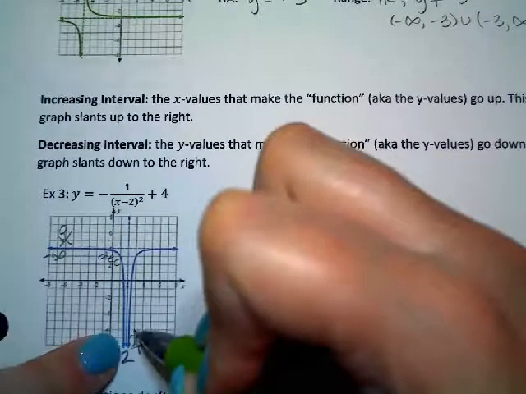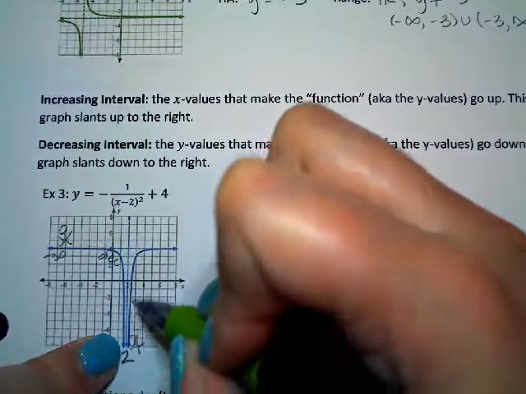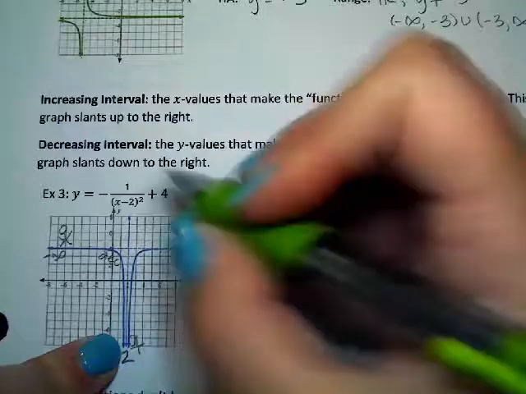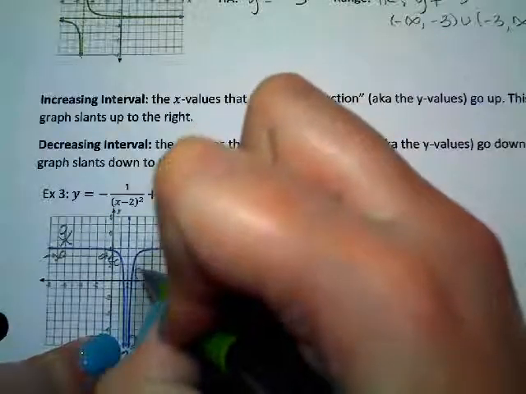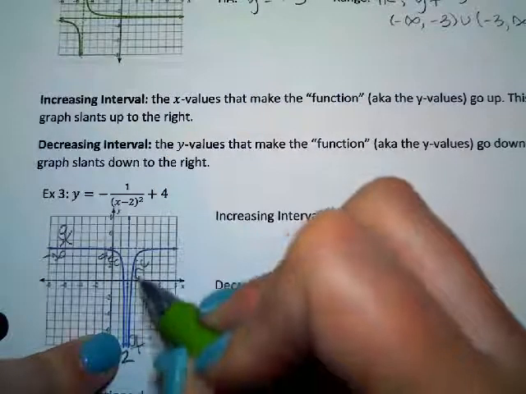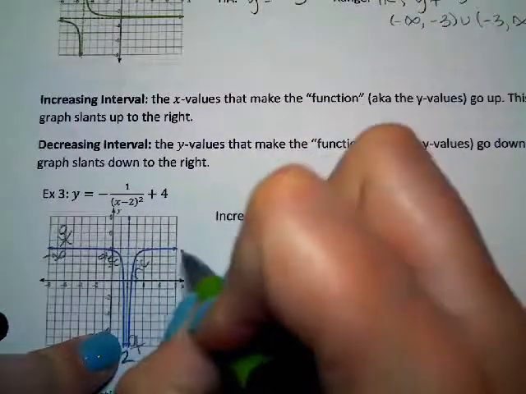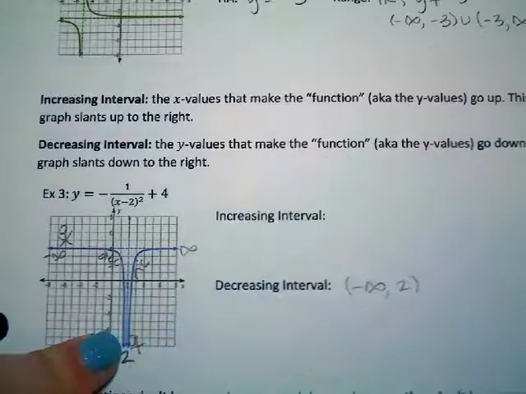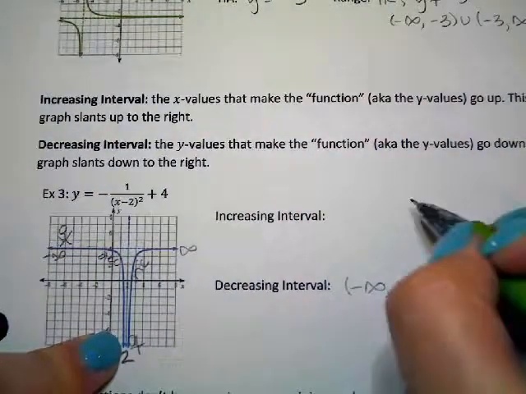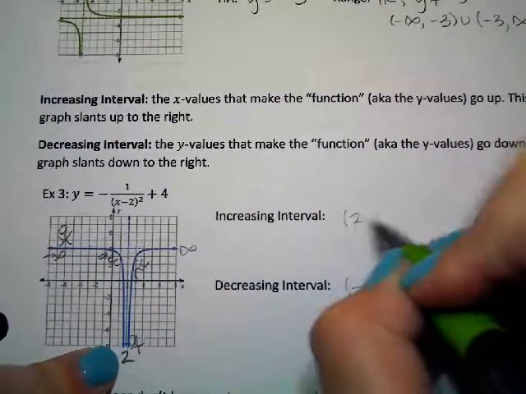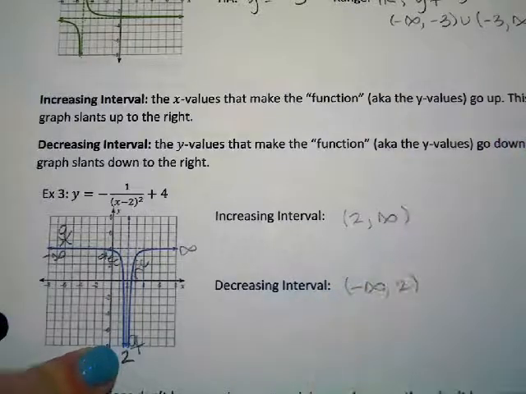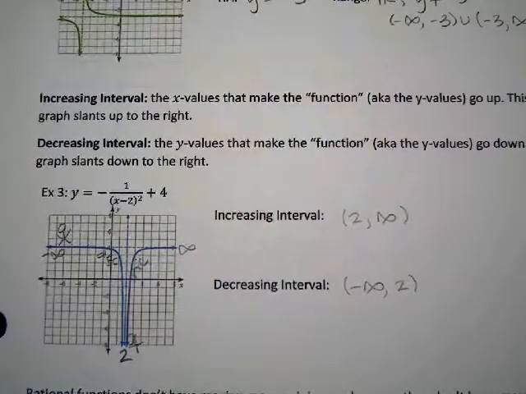So he's coming up out of the abyss, up over this hill. So this guy is increasing up out of the abyss and going to this right arrow, which we know is a +∞. So we have a new stick figure who is going from 2 to +∞ up out of the abyss. So that's the decreasing interval and increasing interval for that example problem.